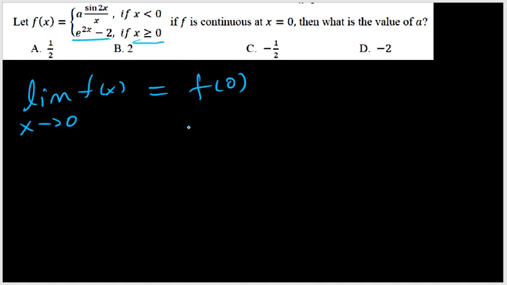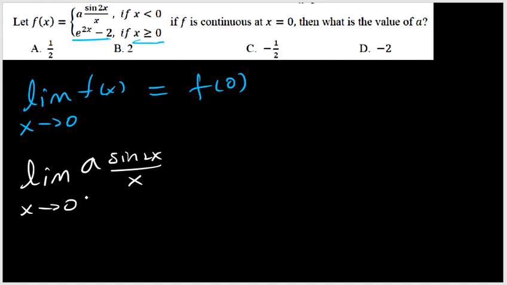In the second part, here it is. It's going to be e to the power of 2 times 0 minus 2 remaining on the right hand side. For the left hand side, it's going to be the limit of the first function, a times sine of 2x over x as x goes to 0.